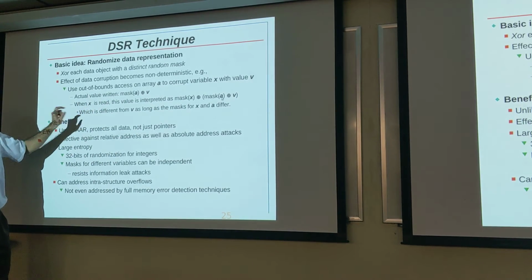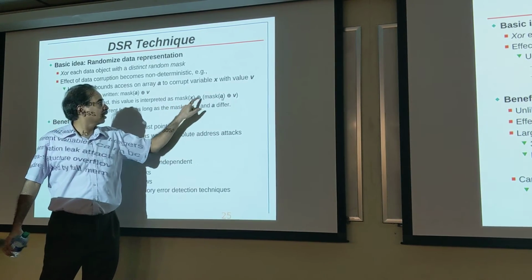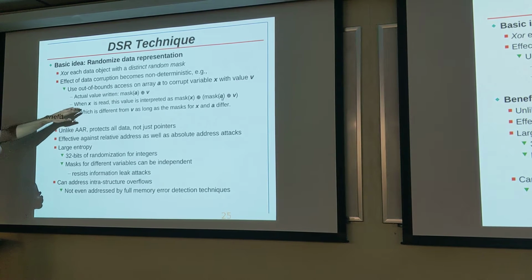So when you read X, the value that gets read is this quantity. Since the mask of X and the mask of A are completely different, you get random junk. So if the attacker did an overwrite from A to X, they would have succeeded in writing some random bits, and they won't know what exactly happened.